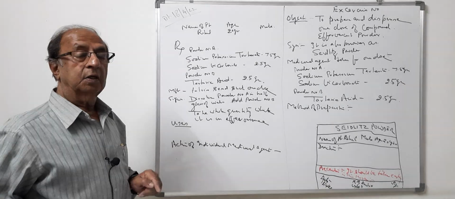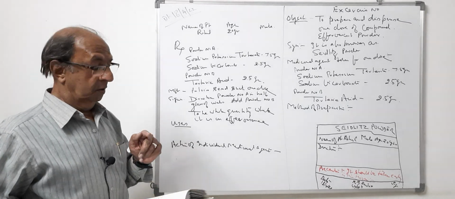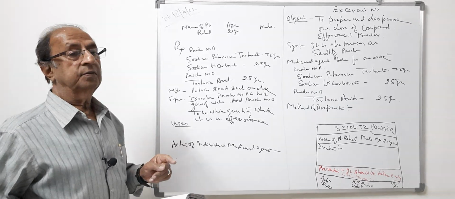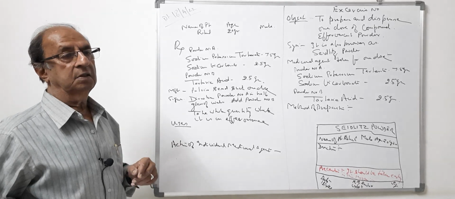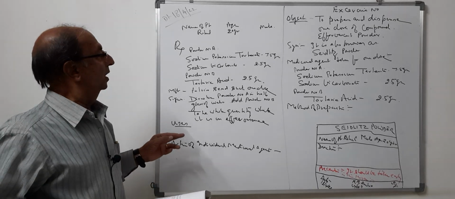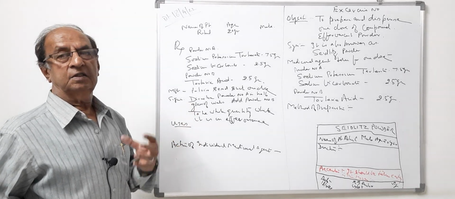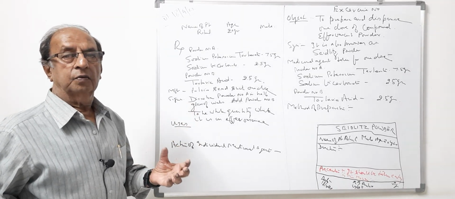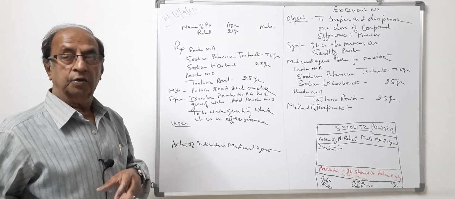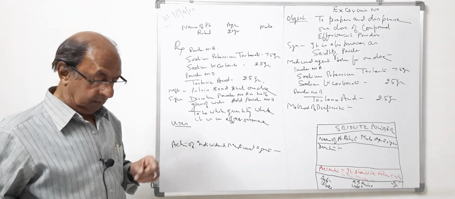This powder is also used in cases of poisoning. If a person has taken poison intentionally, then this is given, and the unabsorbed poison which is present in the GIT tract would come out after use of this particular powder.